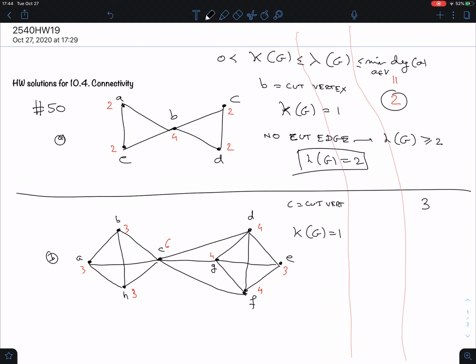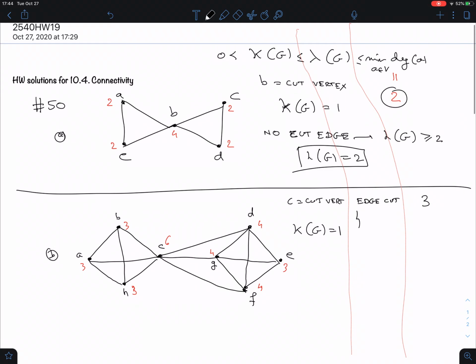So this was 1, right? So we have an edge cut. Which edges? The edge CD, the edge CG, and the edge CF. If I remove these 3, then the graph gets disconnected.